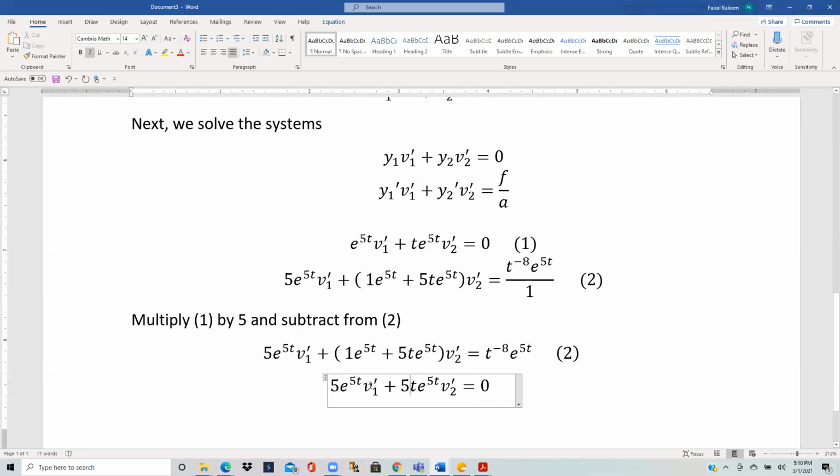And then when you subtract it from 2, you get negative. And this becomes negative. And so now you can just add this to 2.